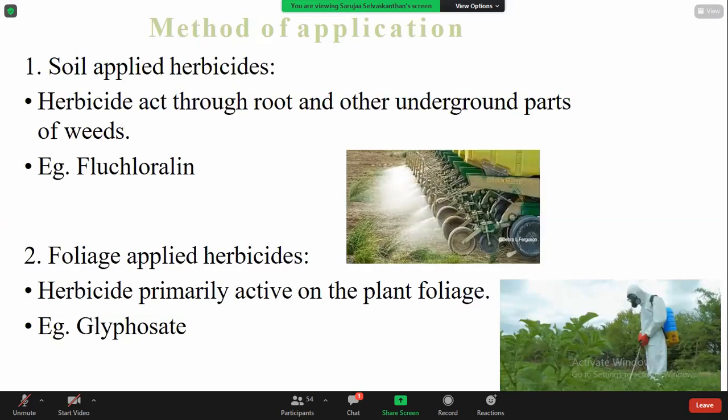This is one application method. The second is foliage applied herbicide. We apply it directly to the plant. The herbicide is primarily active on the plant foliage. An example is glyphosate. You must remember one example for each.